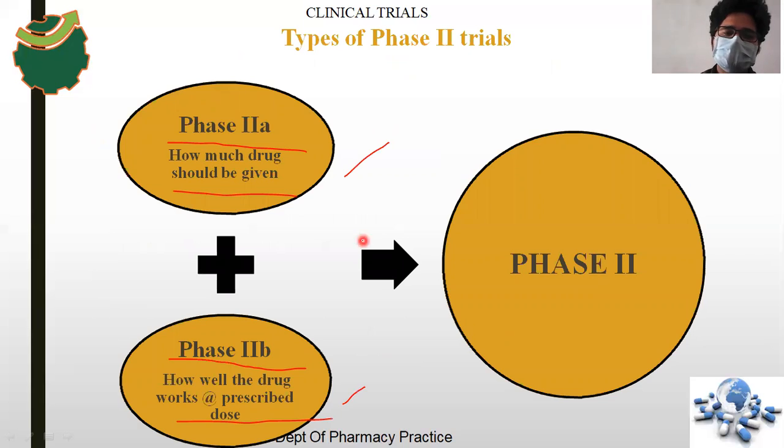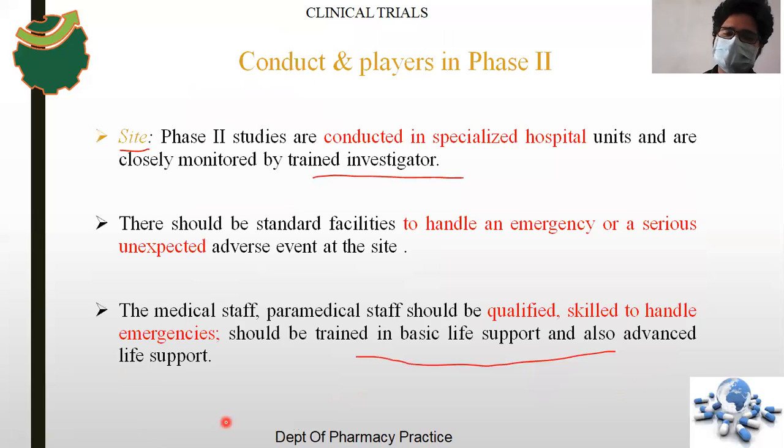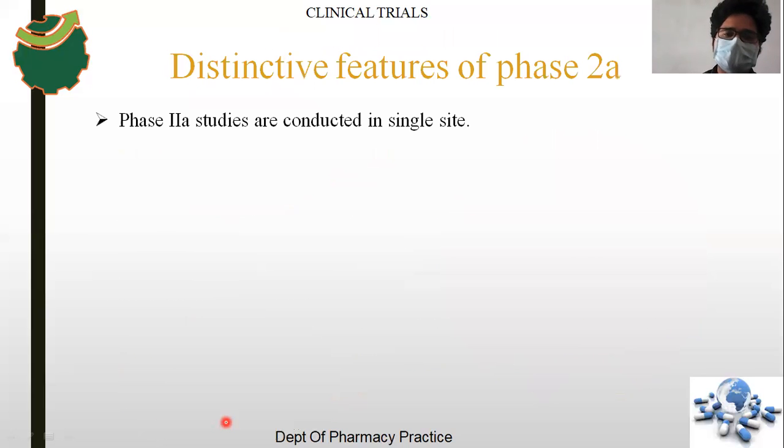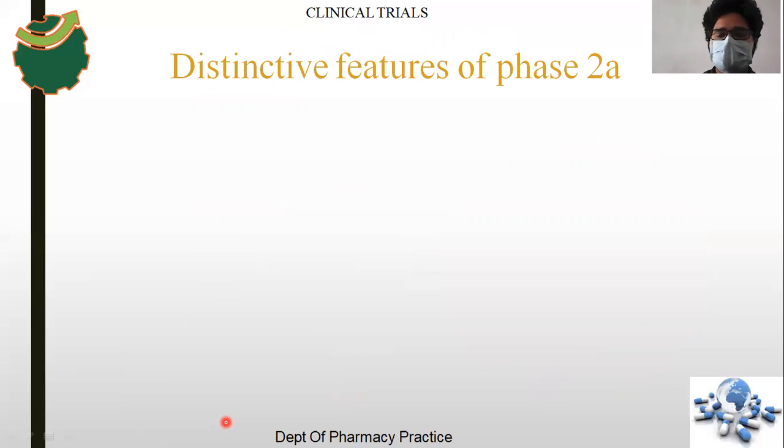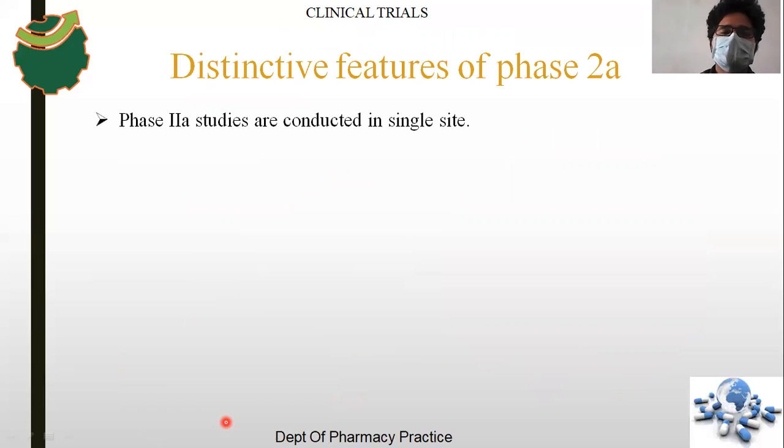In 2A we have to see how much drug should be given to show a specific effect, and 2B is how well the drug works at a given dose. 325 mg of paracetamol or 650 mg of paracetamol will act differently. The distinctive feature of 2A, how it differs from 2B, is that 2A will be conducted at a single site, meaning only one working place.